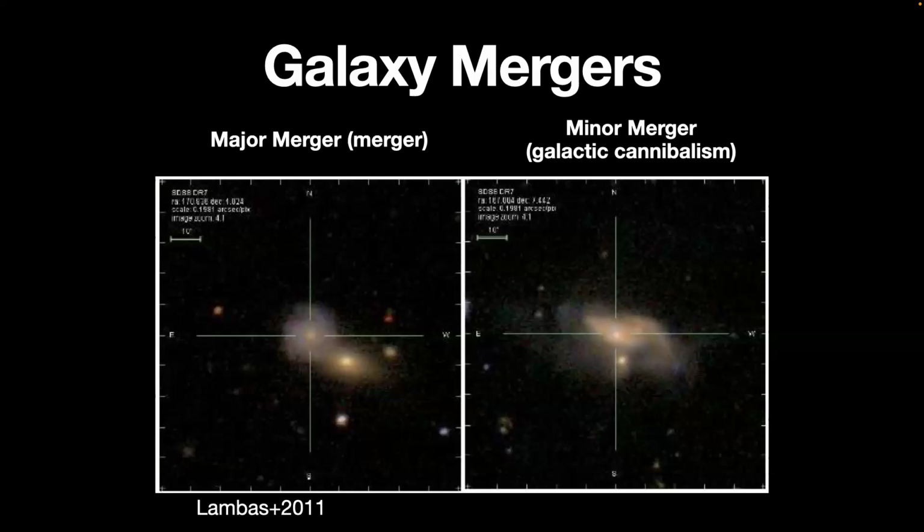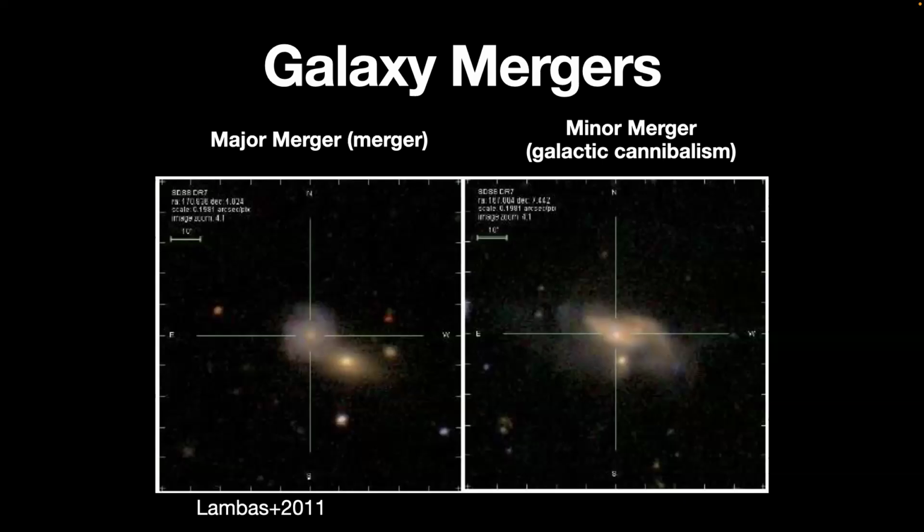So your book defines a collision of galaxies that are roughly the same size as mergers, and the collision between a large galaxy and a small galaxy to be galactic cannibalism, since the larger galaxy doesn't tend to get too distorted, it just kind of absorbs the smaller galaxy.